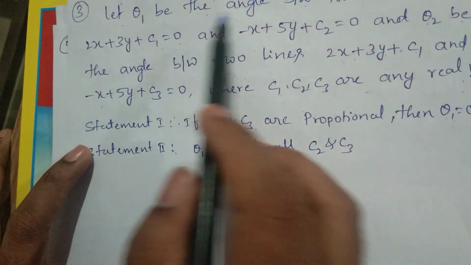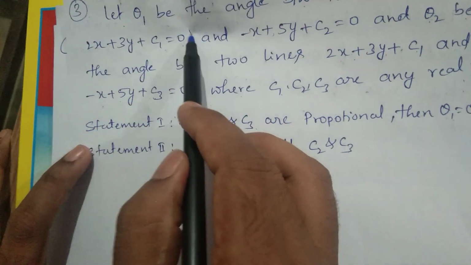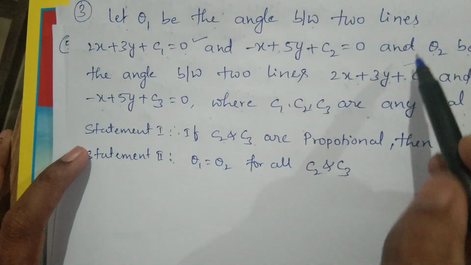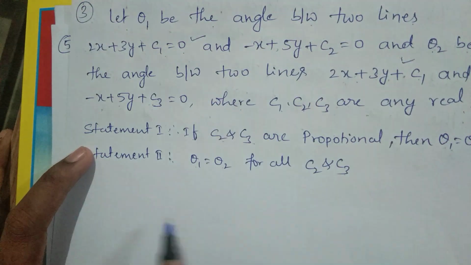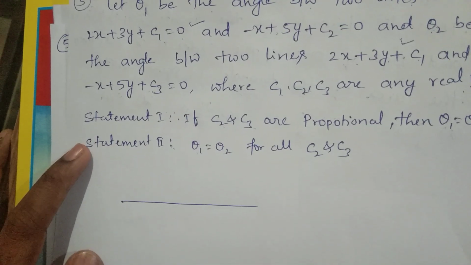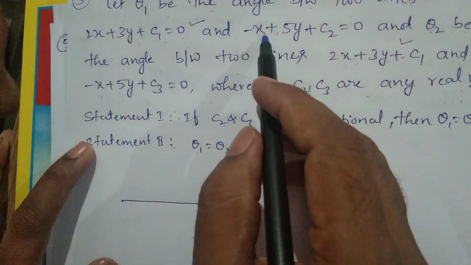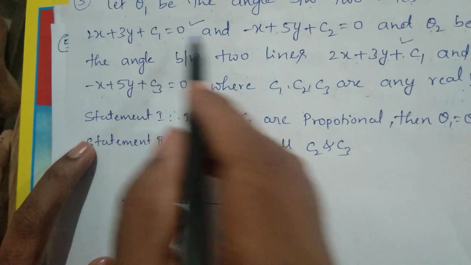The angle between these two and these two. Let me see. First, this equation is the same, so both are the same line. That I will draw. Then minus x plus 5y, I will draw the angle between these two.